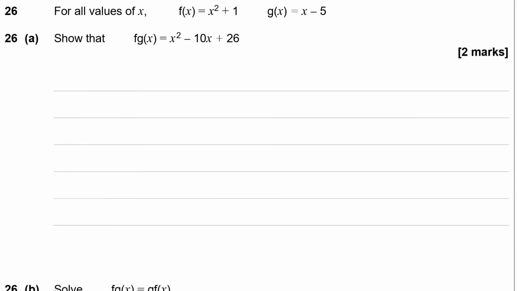I've been given two functions of x, f of x equals x squared plus 1 and g of x equals x minus 5. I need to show that f of g of x is that expression there. Now f of g of x means take g of x and put it inside f of x, which basically means wherever I see x in my f of x expression, I need to replace it with that expression.